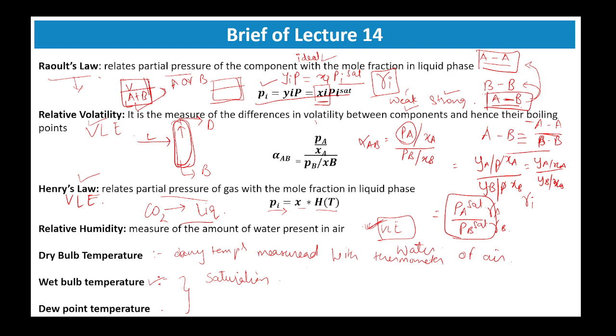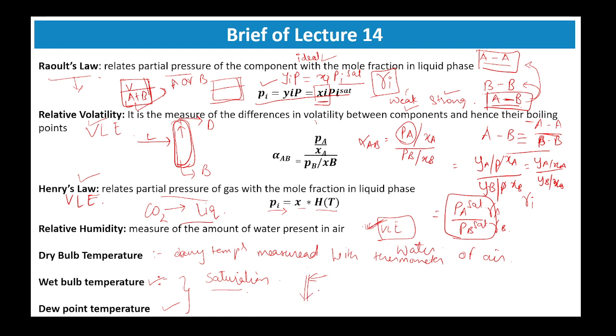Another point, as I mentioned, is dew point temperature, which is also a saturation temperature. If you have any air, it will have some capacity to carry some amount of water. Now if you keep on adding water, then the temperature will reduce.